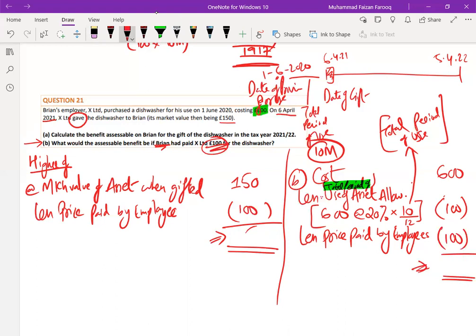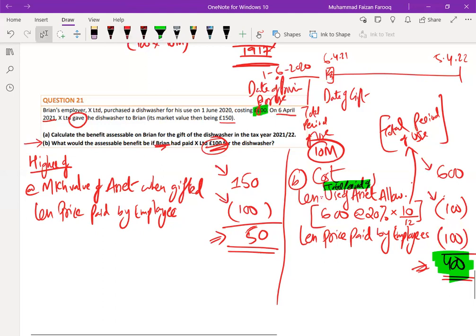In order to get a benefit of 150, you are spending 100, so your net benefit is 50. In the other working, 600 minus 100, 500, the net book value of the asset is 500. You are spending 100, so the benefit is 400. 50 or 400, which is higher? 400 is higher. So my answer is 400, which is the gift of an asset. Hopefully, you got it. Now we will do another question.